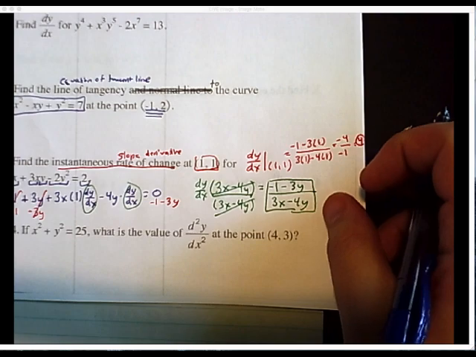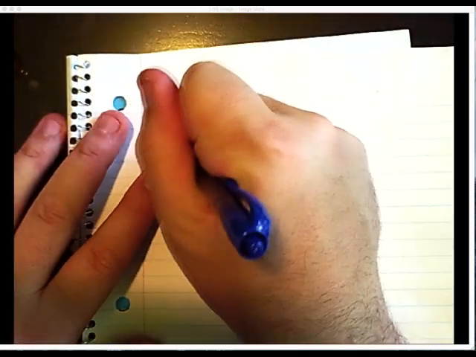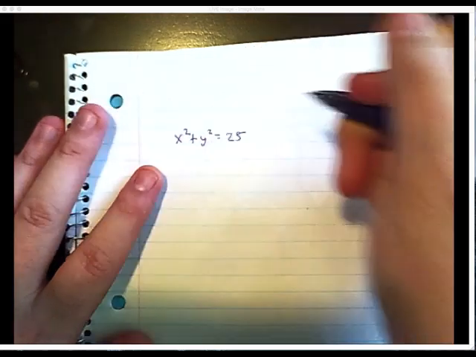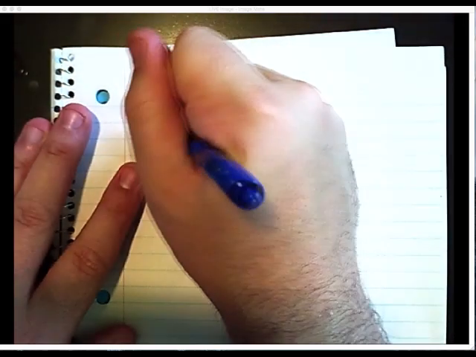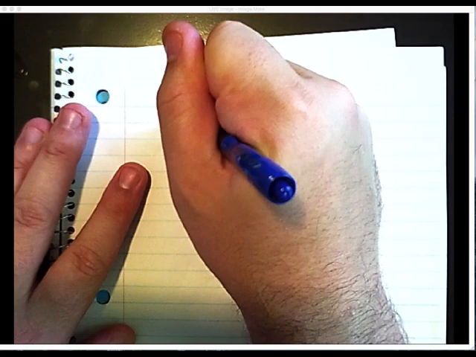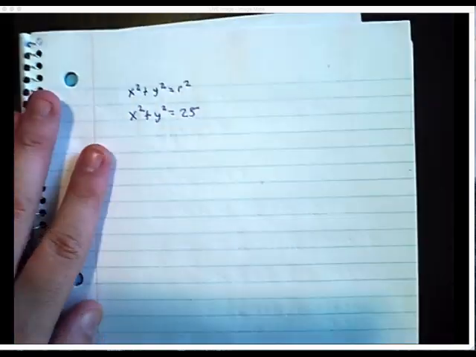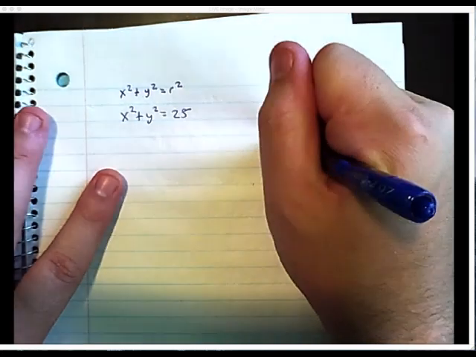Let's go to question 4. So they give me a relation, x squared plus y squared equals 25. And you might be remembering this from pre-calculus or algebra 2. This is actually the equation of a circle.